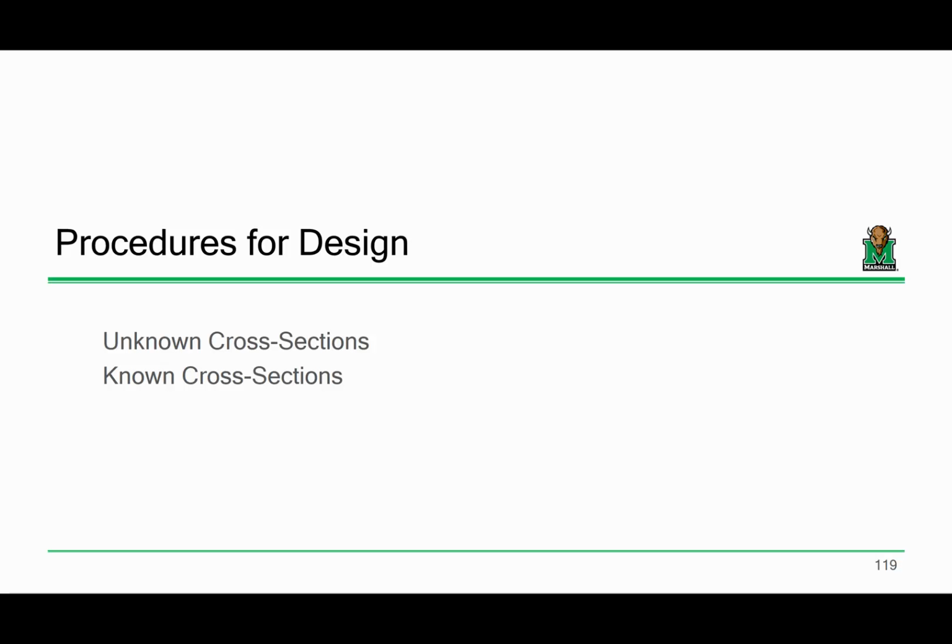Designing for a known cross-section, that's a little different. My folks in senior design who've been doing some research on bridge solutions have probably found a lot of precast solutions, right? So what do I mean by precast? Well, a lot of times in reinforced concrete design, we're using what are called precast solutions.